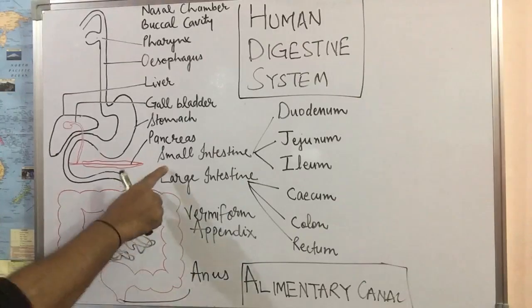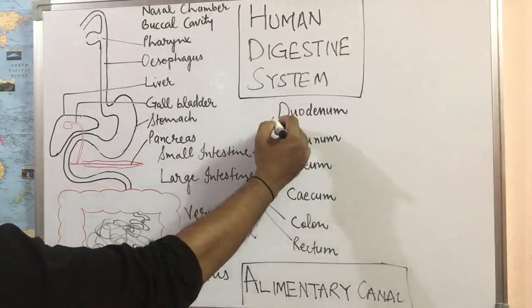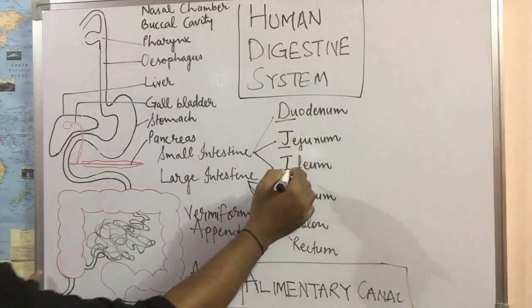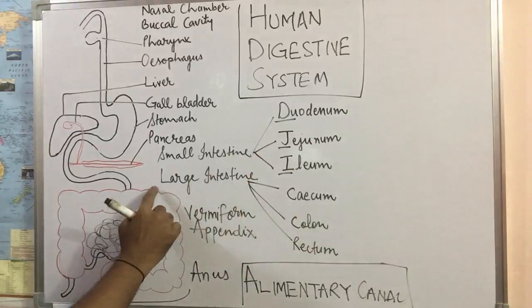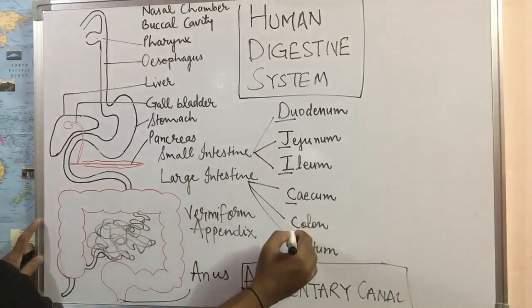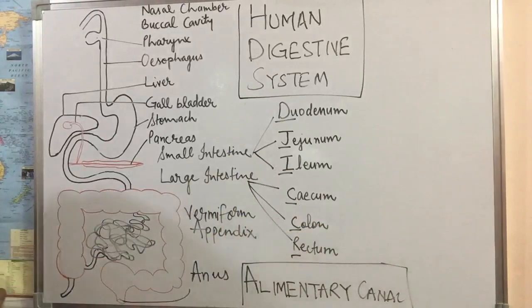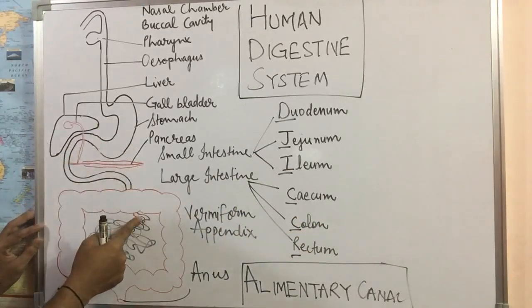The small intestine has three parts. You can learn them by DJI: duodenum, jejunum, and ileum. In the large intestine there are three parts: cecum, colon, rectum. The part starting from here till this is the duodenum.